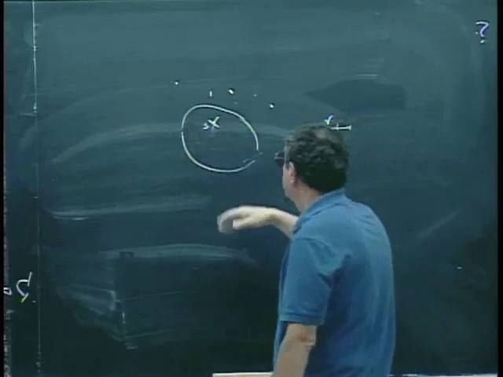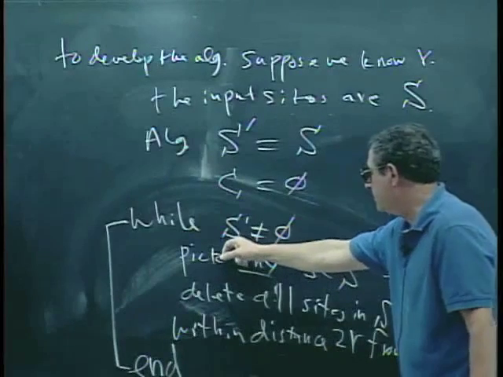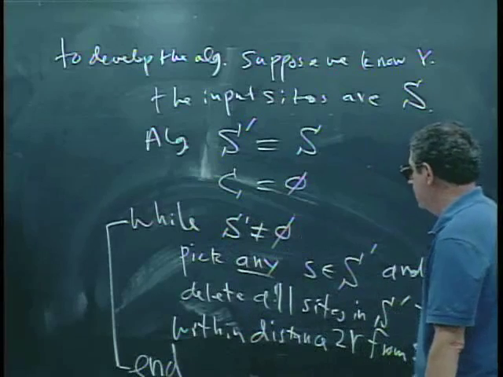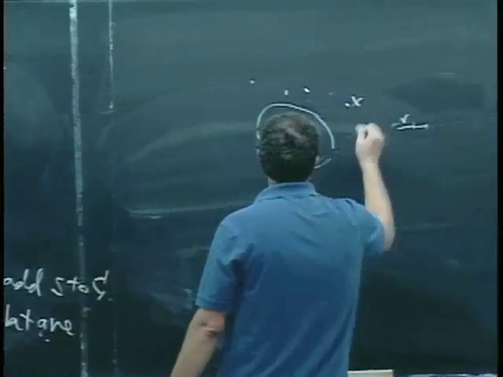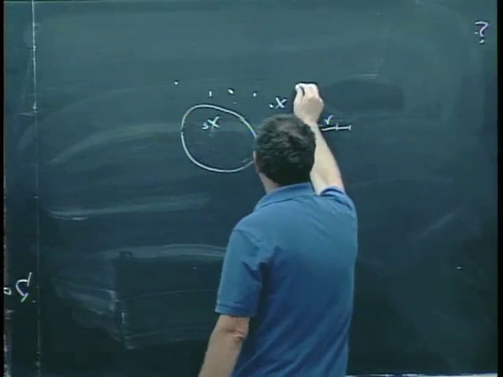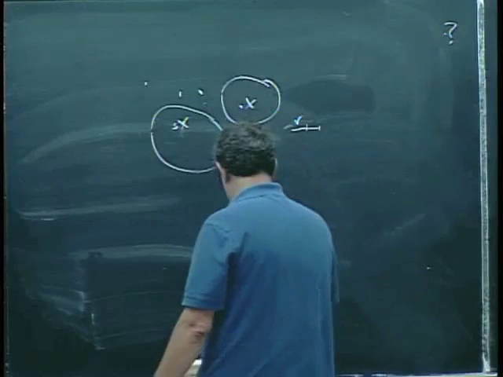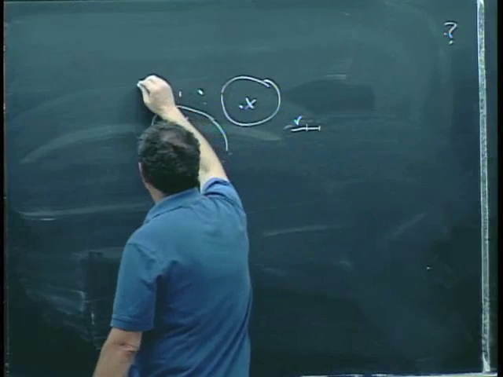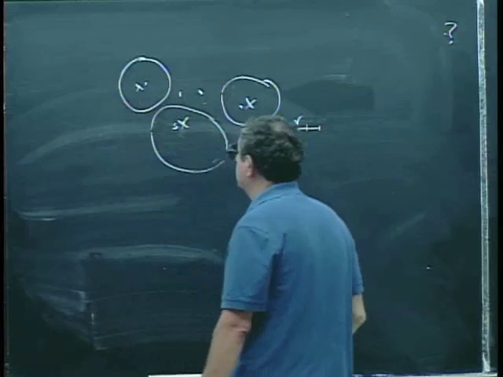Okay? And then, well, S prime is still not empty. So we're just going to pick any other site, maybe this one, and delete anything that's within 2R of it. And we still have something left, so maybe we pick this site, and 2R, oh, that doesn't get anybody, right?